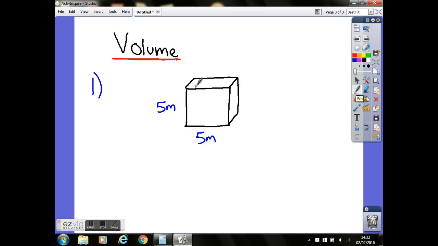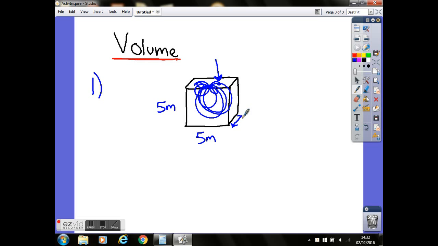So just everything inside this box is what you're trying to actually work out. So what you need in order to do that is another dimension, and that is going to be this one.